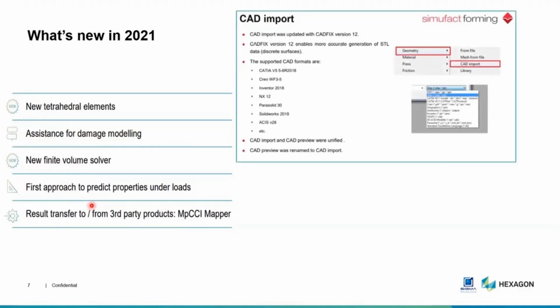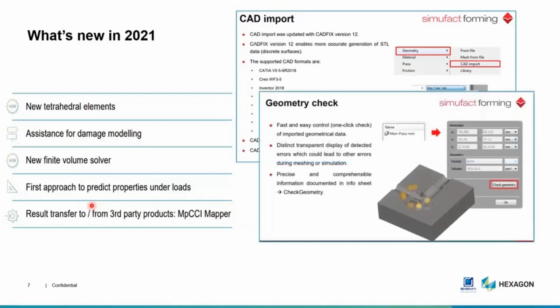CAD import has been improved. We have added new CAD file formats which can be used in Simufact Forming. Then geometry check: most of the time, the simulation used to abort because of the quality of the geometry or an improper CAD model. Now we can check the quality of the geometry so that we will not have any issue during convergence.